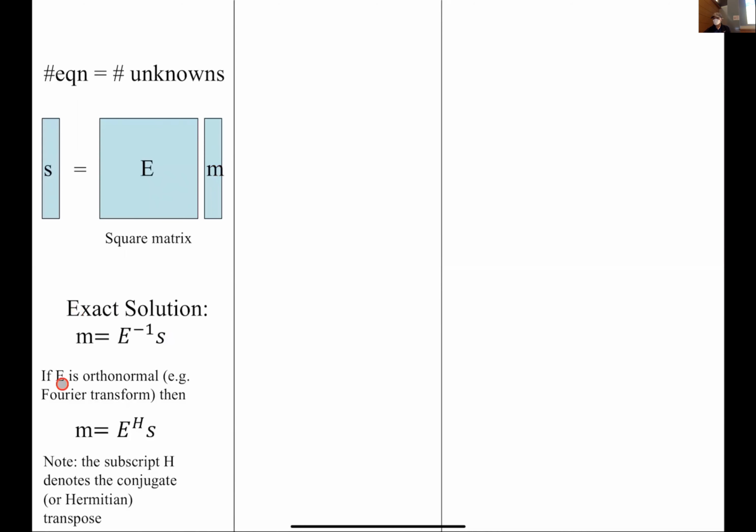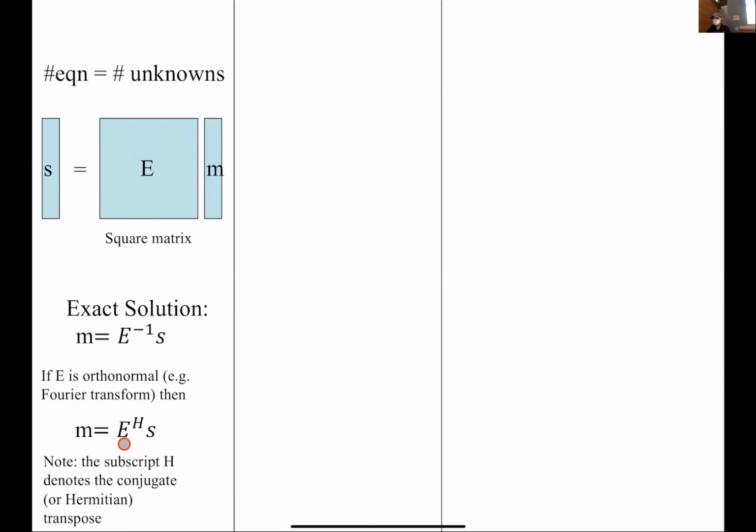But it turns out E is orthonormal, which is something you're going to explore in your homework. Orthonormal means the dot product is 0 between these columns, and that's something you'll explore in your homework. And therefore, the inverse is just the Hermitian transpose, which means you take the transpose and then complex conjugate it.